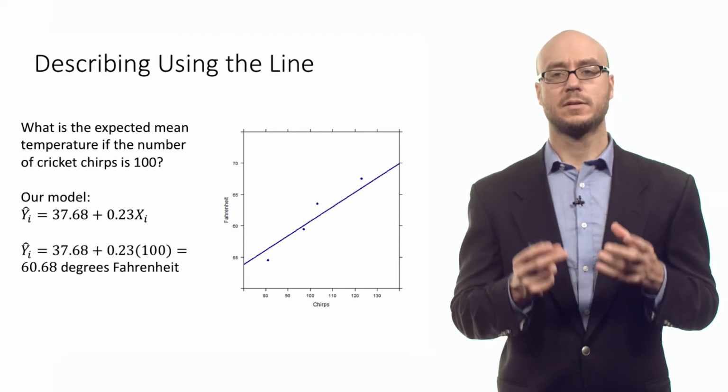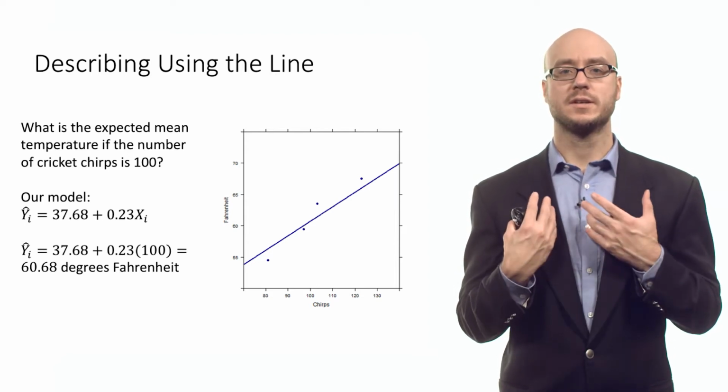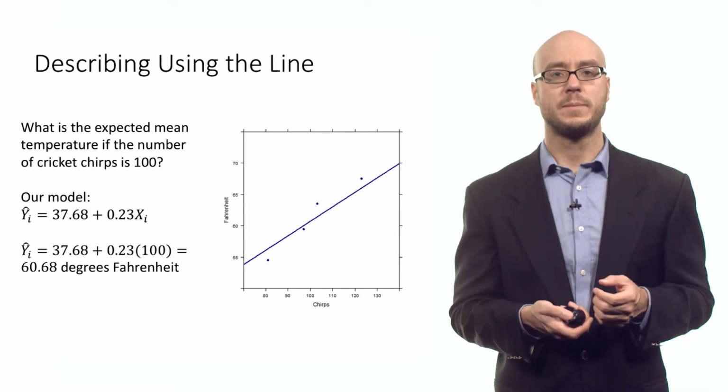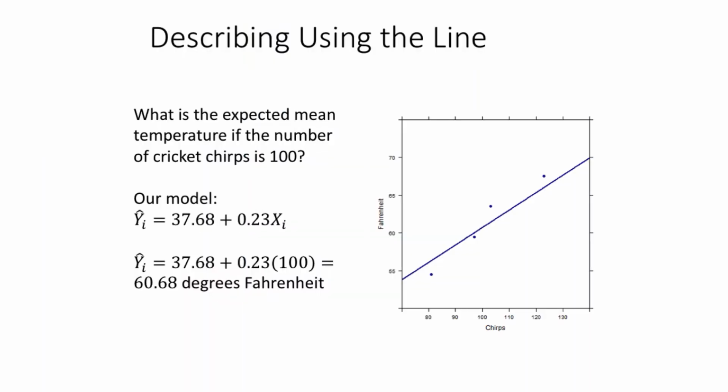So let's talk about using this regression line for the purposes of description. You might say, what is the expected mean or estimated mean temperature in Fahrenheit if the number of cricket chirps is 100? This is a conditional mean. It's if x equals 100, what is y hat? What is our expected mean? Well, we can use the regression line.